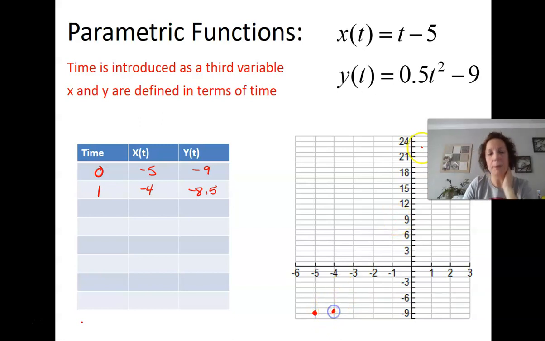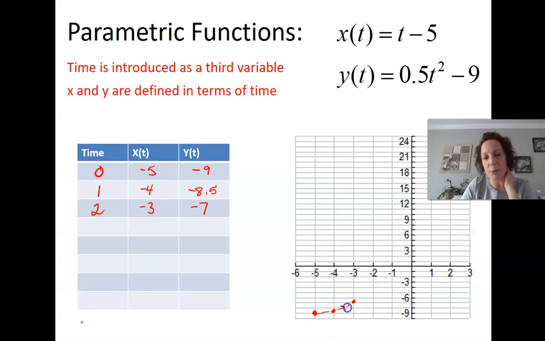As time goes on, this is going to keep moving. Down here, this would be 4 times a half, so 2 minus 9. Now I'm at negative 7. So at negative 3, I'm at negative 7. And I can just keep going and going and going.